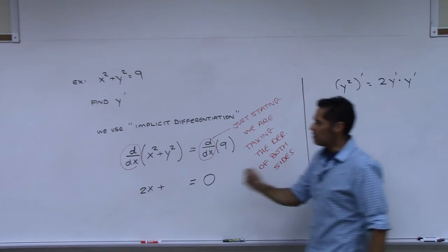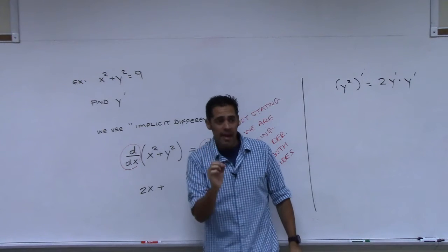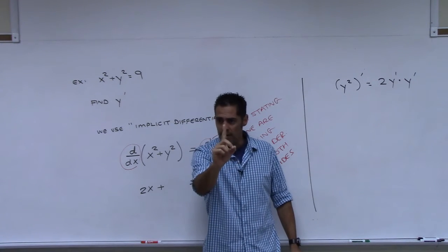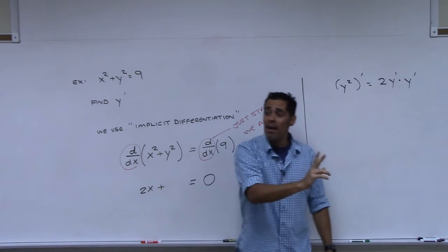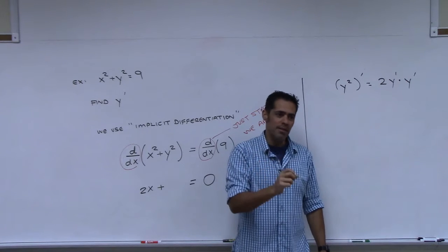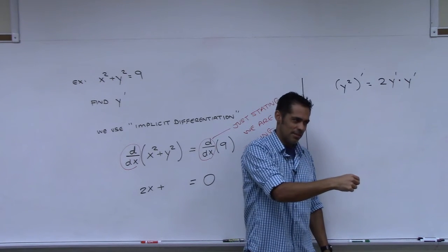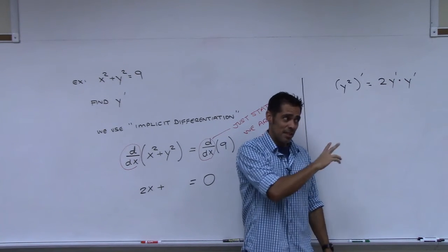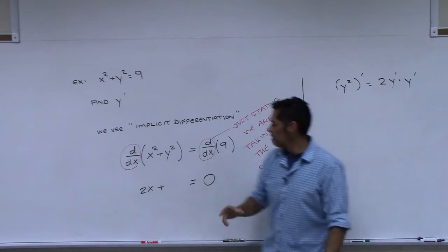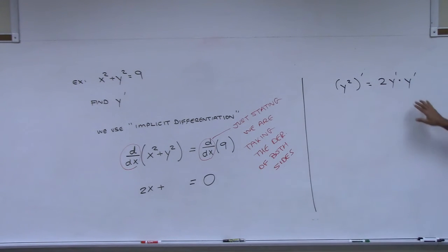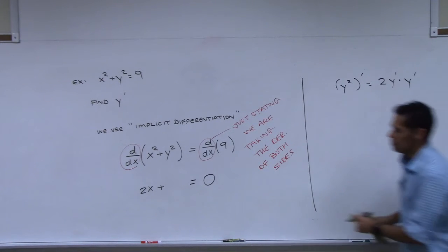It's not a 1 because what was the derivative of x? The derivative of x is 1, right? But the derivative of y is not 1. The derivative of y is the derivative of y. Y'all see the difference between these? You sure? So our answer is 2y, y prime.